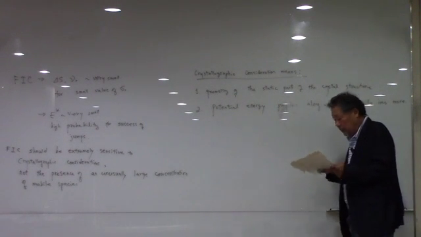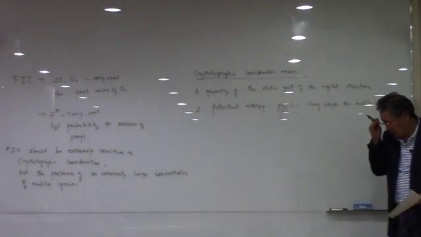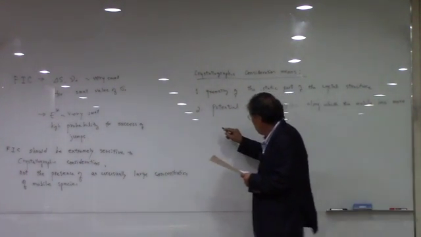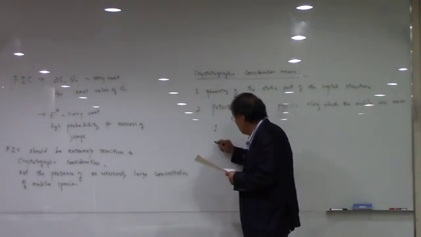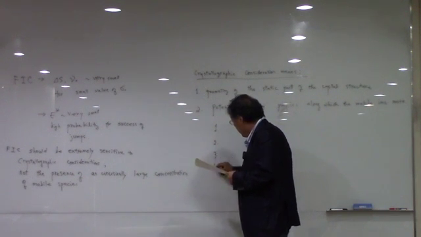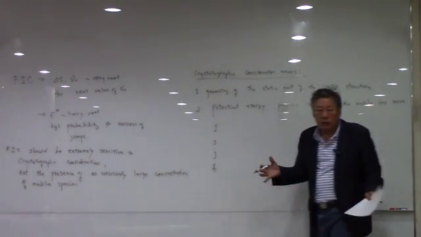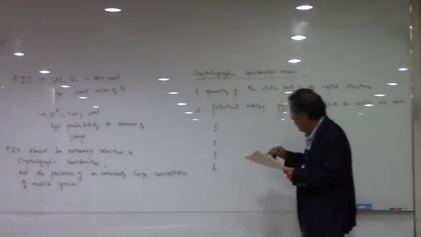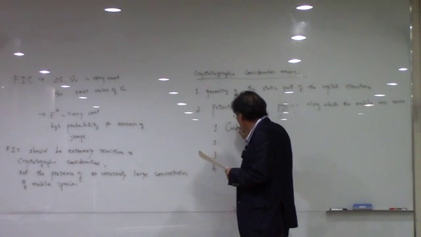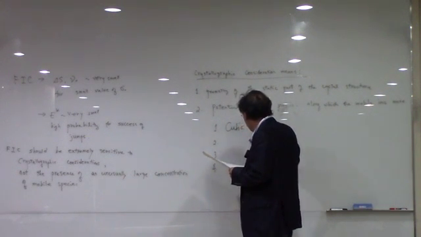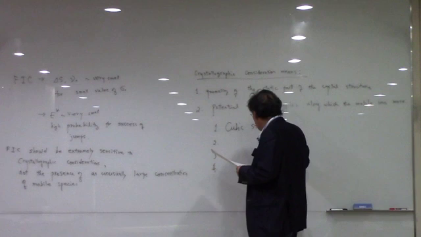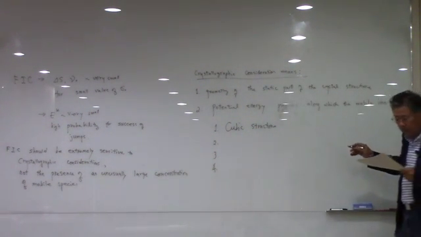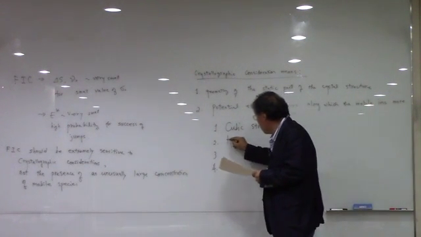Okay, so in the handout that I gave you, there's a detailed description of four kinds of crystal structure which show fast ionic conduction. One is a cubic structure, and there are examples for this, like silver iodide, and a hexagonal structure.